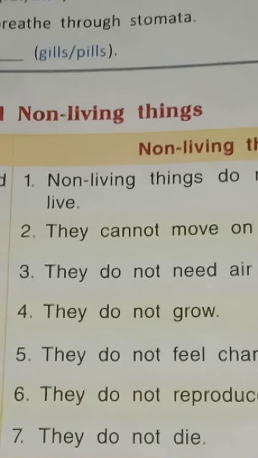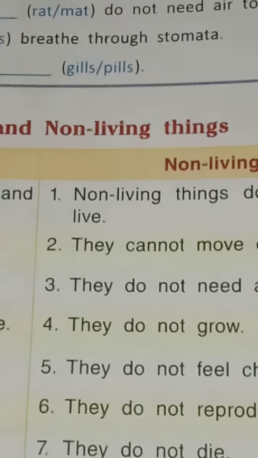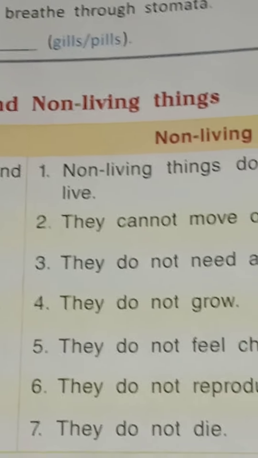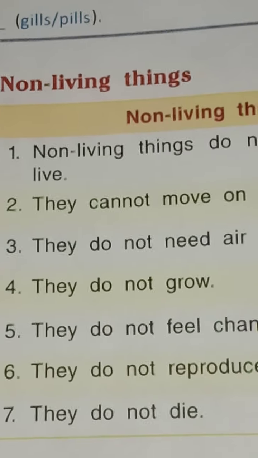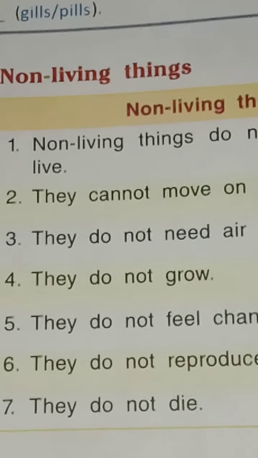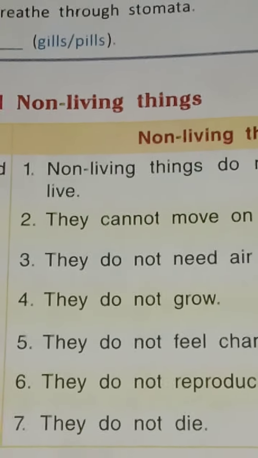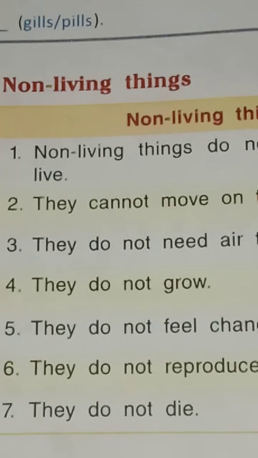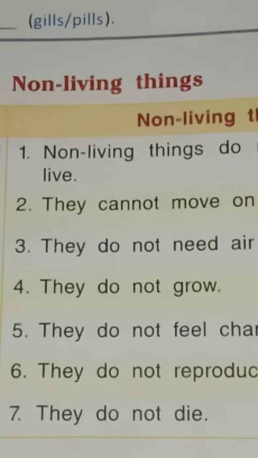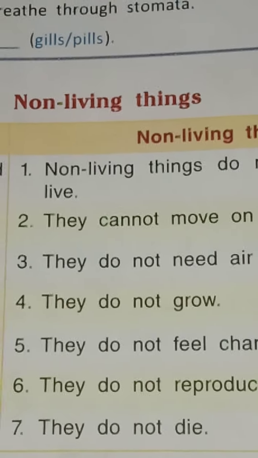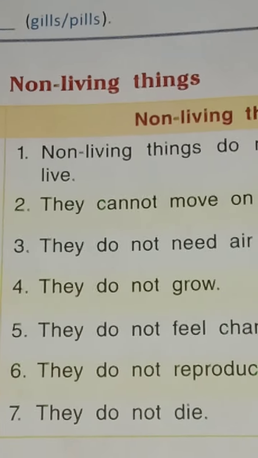They can move from place to place by walking, flying or swimming. Now student, chair is an example of a non-living thing. The chair cannot move by itself because the chair is non-living. When a person puts the chair from one place to another, then the chair will be replaced.